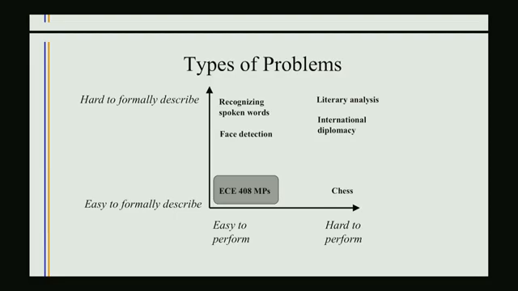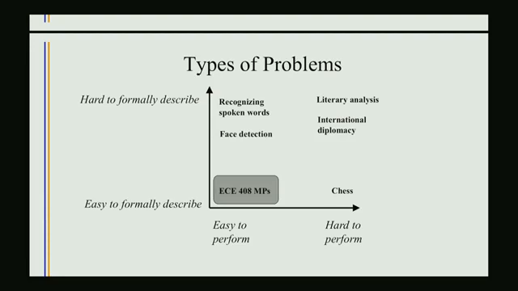So let's take applications and try to talk about them on two bases. There's how hard are they to perform, and how hard are they to describe? So things that are easy to perform, things that are hard to perform, things that are easy to describe, things that are hard to describe.